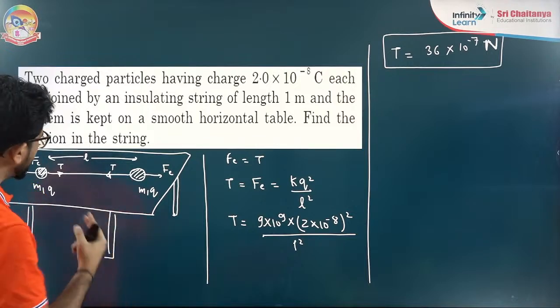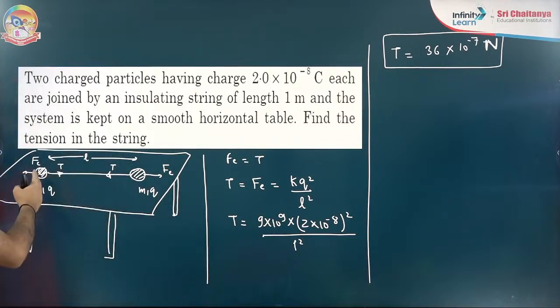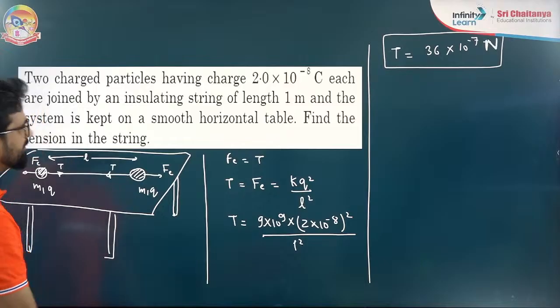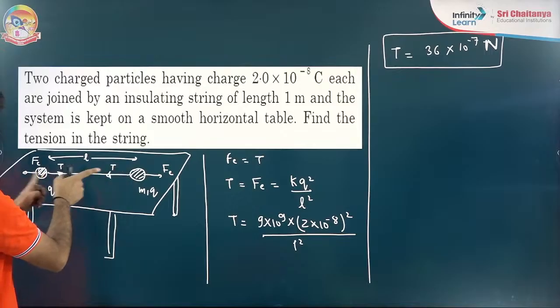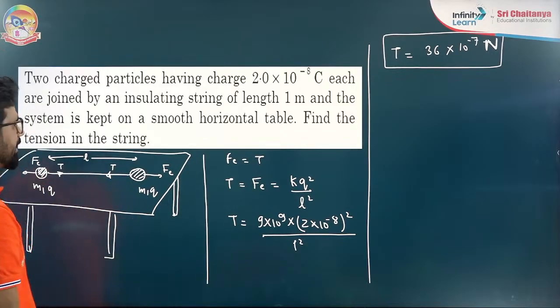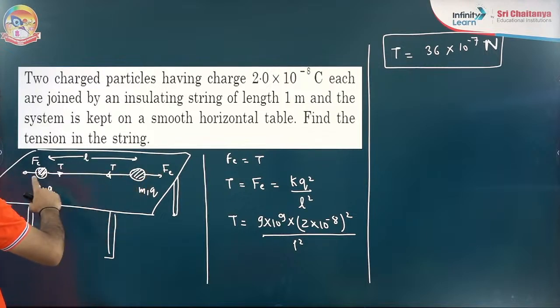Okay, now please understand this topic. There are two pith balls, or two particles, and their masses are equal, that is m and m, their charges are equal, and they are placed on a horizontal table. There is one string and two pith balls, and due to the charges, the electrostatic force acting on these balls is in the outward direction, equal to Fe.